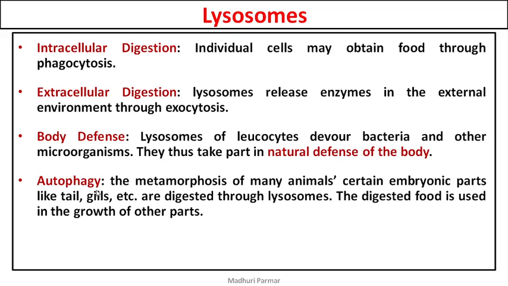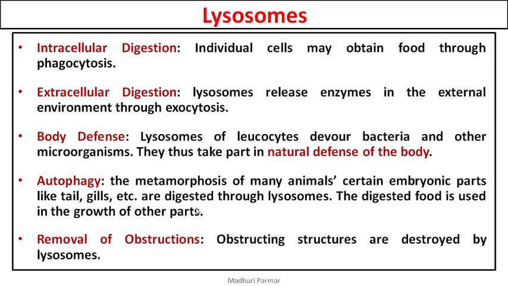Then autophagy. Autophagy is important during metamorphosis of many animals, okay. Certain embryonic parts like tails, gills, etc. are digested through lysosomes, and whatever digested material there is, the nutrition will be used for growth of other parts of the cell. Then removal of obstruction.